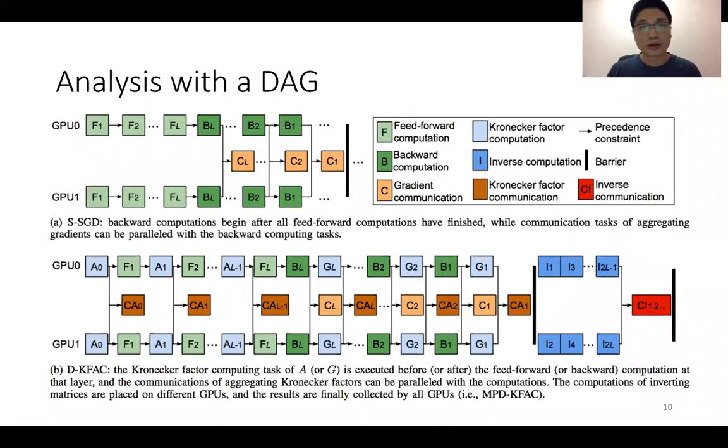So we analyze the training procedure of DK-FAC with a DAG. Compared to SSGD, DK-FAC introduces several different things, including constructing the Kronecker factors, communicating the Kronecker factors, and also doing the inverse computation, and finally getting the inverse results.